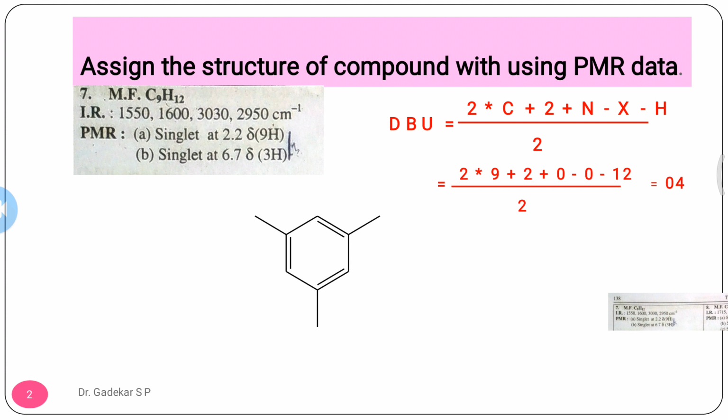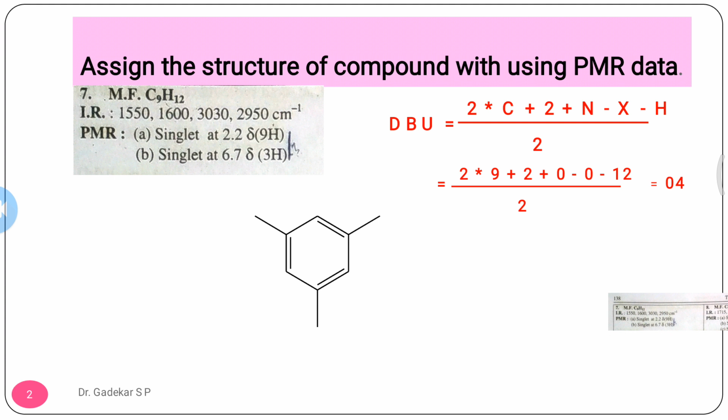So in this compound, how many double bond unsaturations? 4. It means the compound contains 4 double bonds, or 1 ring and 3 double bonds, or other cases; there are different cases.